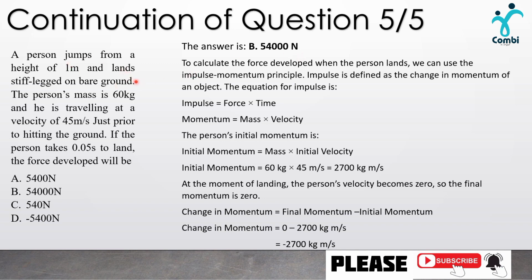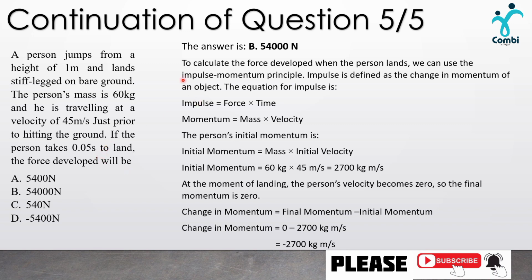So let's look at the question again keenly. A person jumps from a height of 1 meter and lands stiff-legged on bare ground. The person's mass is 60 kilogram and he is traveling at a velocity of 45 meters per second just prior to hitting the ground. If the person takes 0.05 seconds to land, the force developed will be.